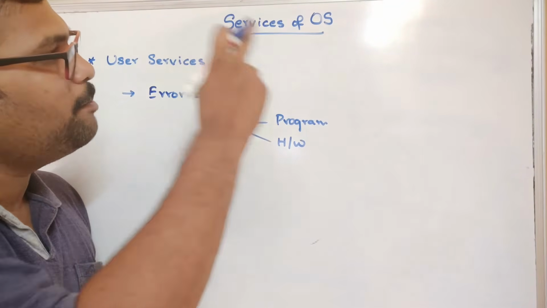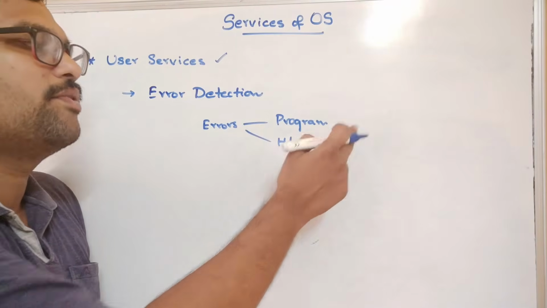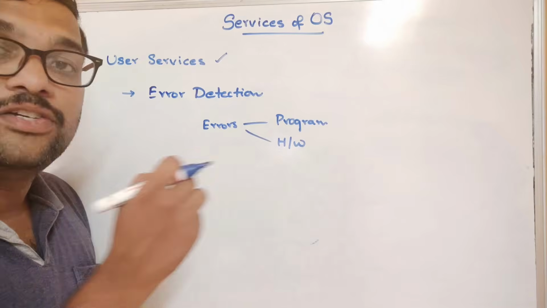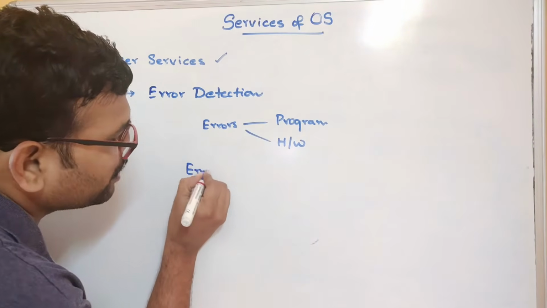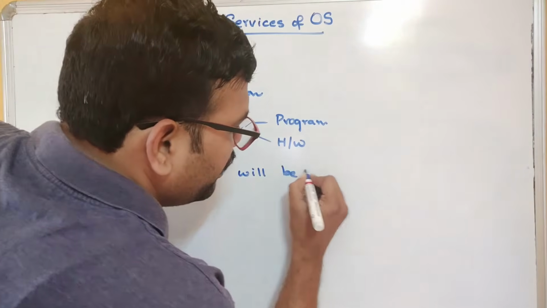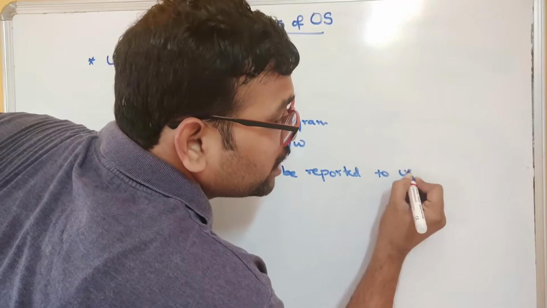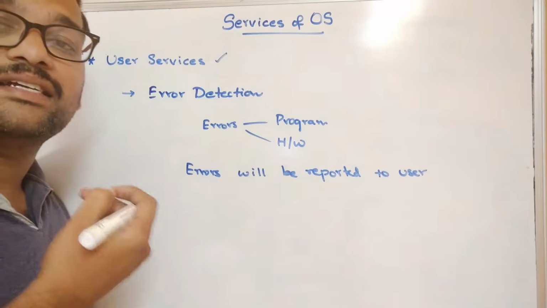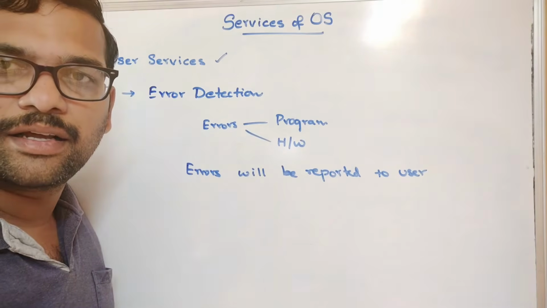The service provided by the operating system is that these errors, occurring from the program or hardware, should be reported to the users so that the users can take certain operations to debug those errors.